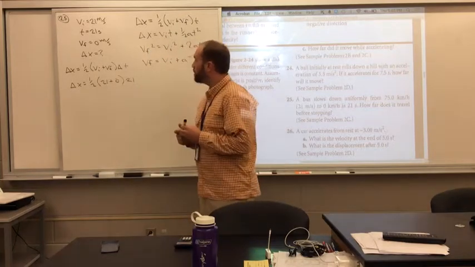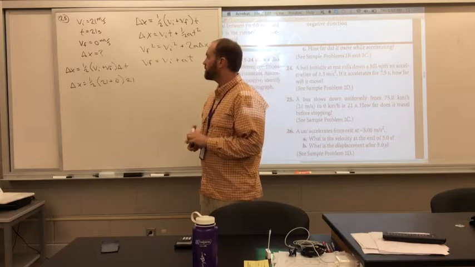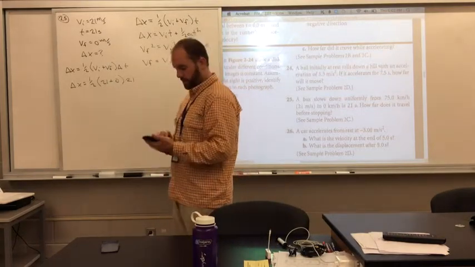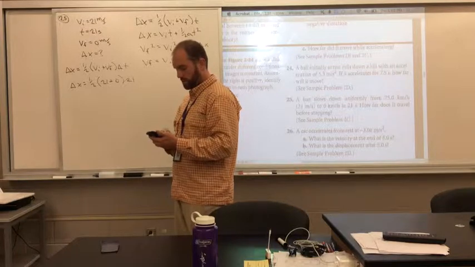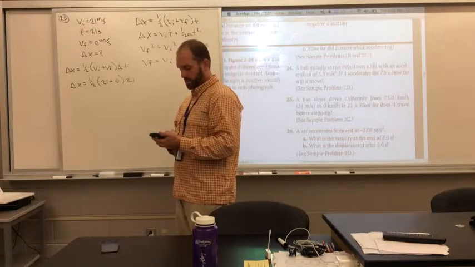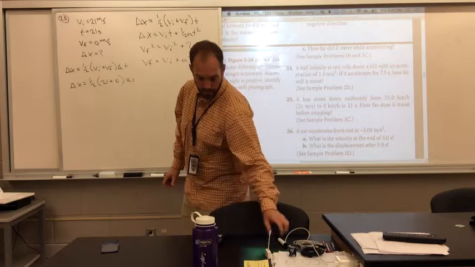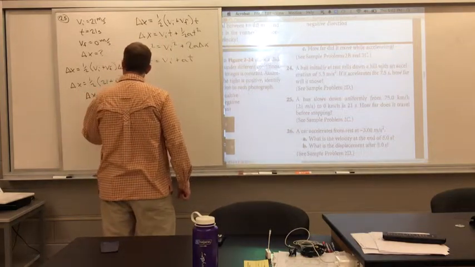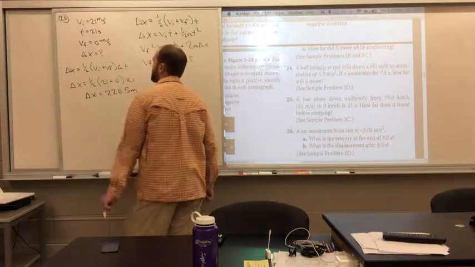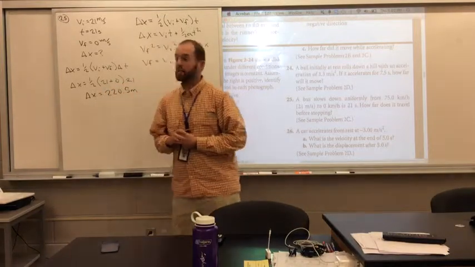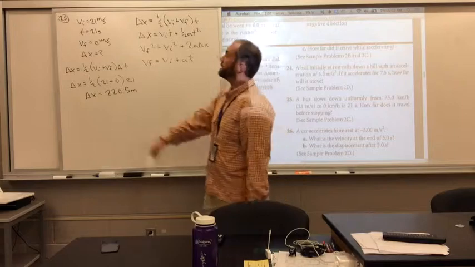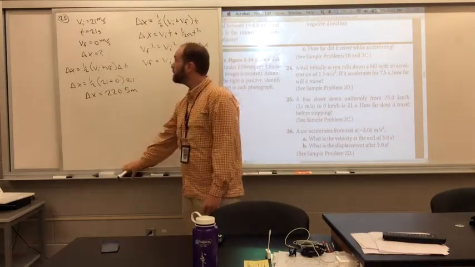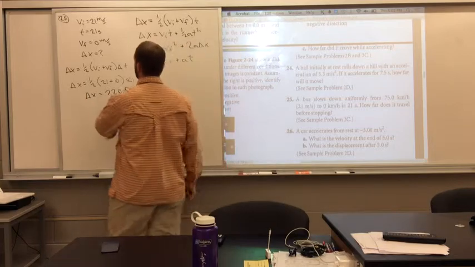So you would have 21 plus 0 is 21. 21 times 21 is 441, times a half, and you get 220.5 meters. That's 25. Once again, given, formula, final answer, units. 26.